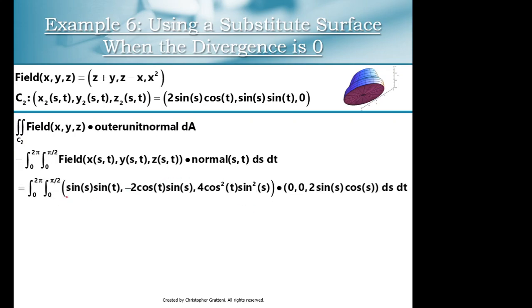When we're taking this dot product, normal of s comma t is 0, 0, 2 sine s cosine s. Well, I have a 0 in this x component, a 0 in this y component. The only thing interesting that's happening in this normal vector is in the z component. So when I take this dot product, the only parts I really care about are the z components of these two vectors. This dot product is going to work out very, very nicely.